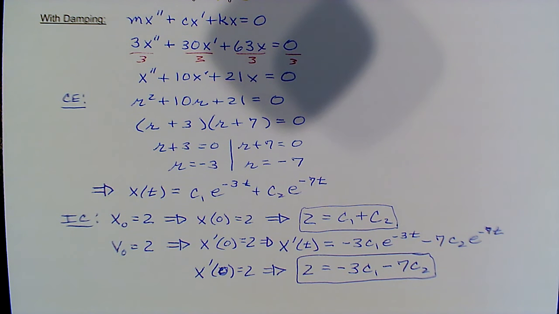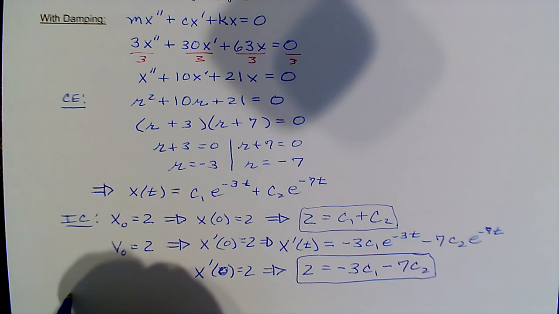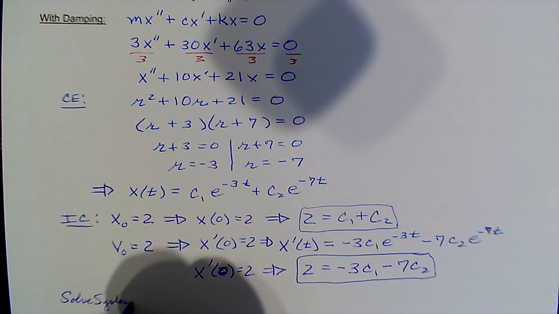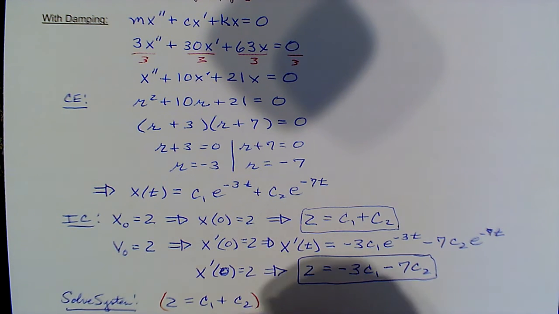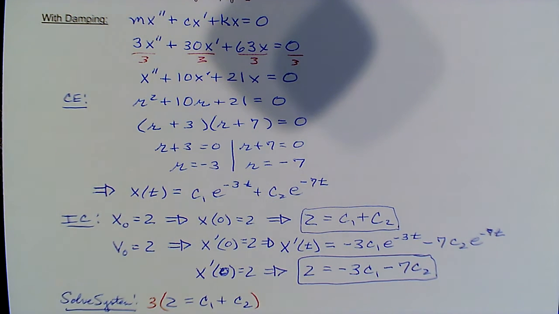And so now we need to solve that system. To solve that system, I'll just line up the two equations. 2 equals c1 plus c2, and 2 equals negative 3c1 minus 7c2. And what I'm going to do is just multiply the top equation by 3.